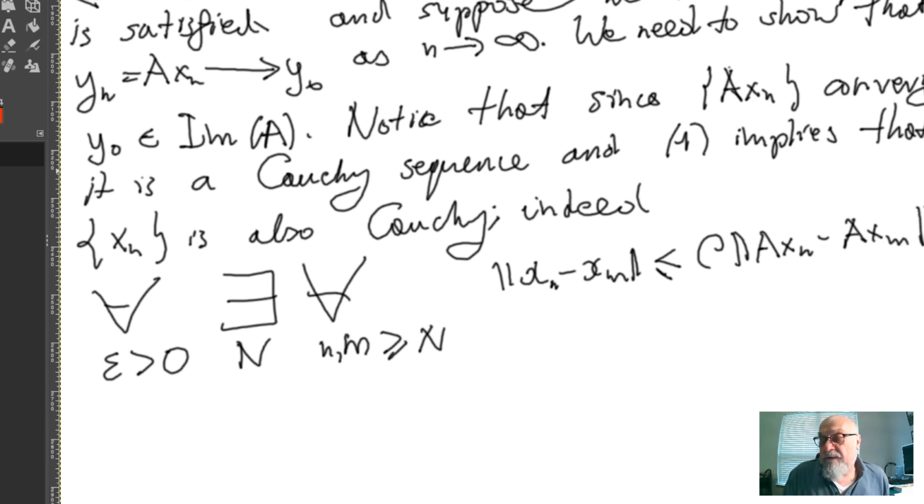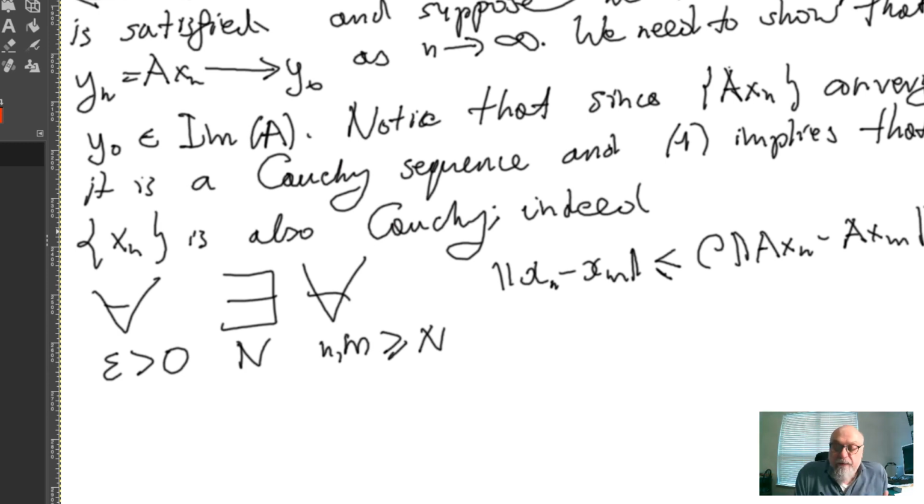And since A x_n is Cauchy, this is smaller than epsilon. As you see, that implies that x_n is also a Cauchy sequence. Let's multiply it by the constant C to make sure that the constant is correct.